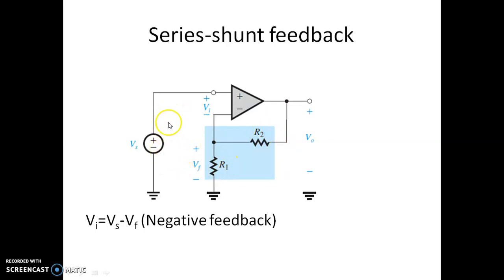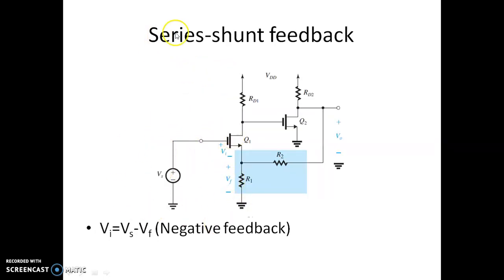If you again write the KVL here, the input voltage is Vs minus Vf. Since you are sampling the voltage and adding the voltage in such a polarity that the input voltage is less by the feedback voltage, this is an example of series shunt feedback.